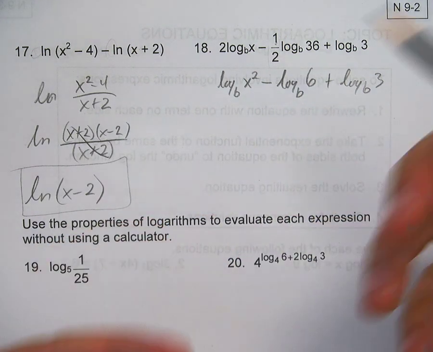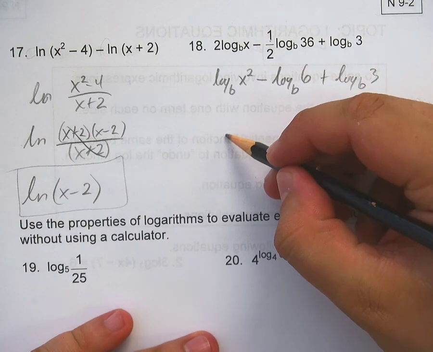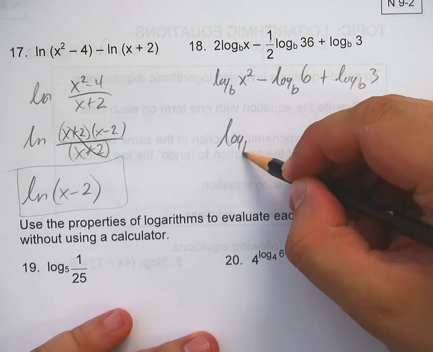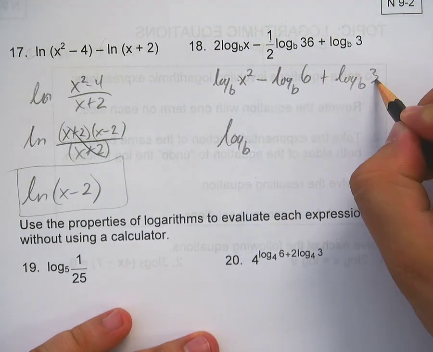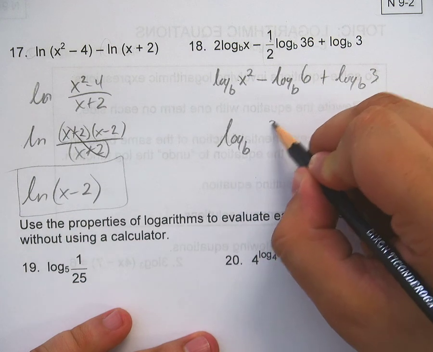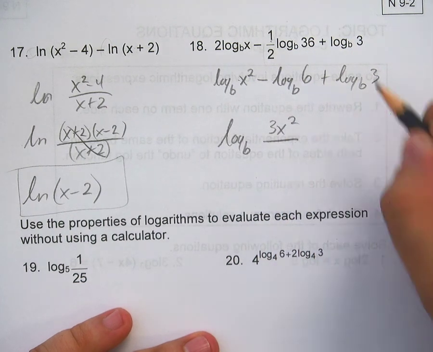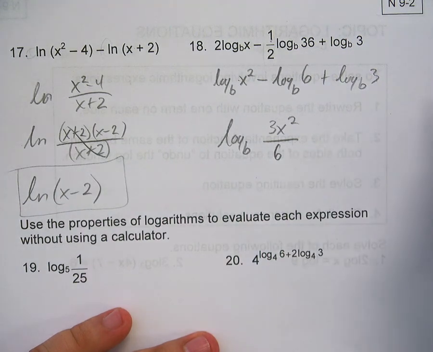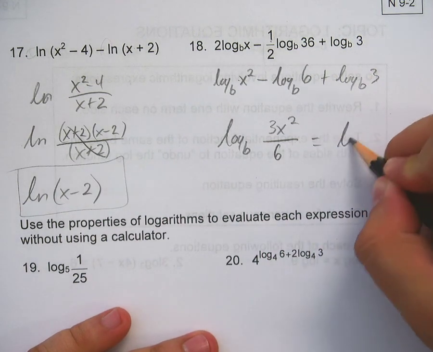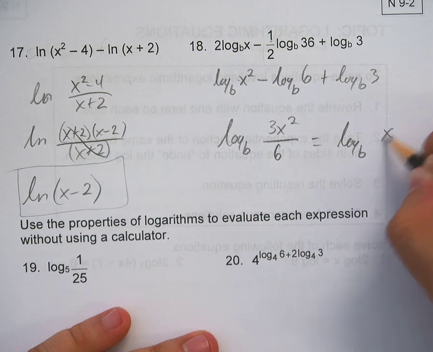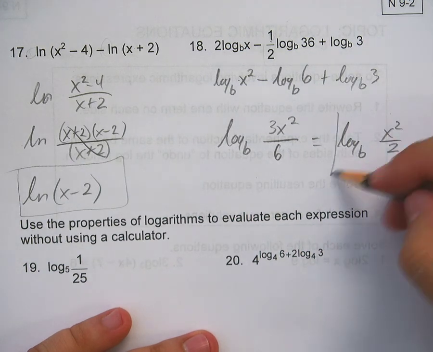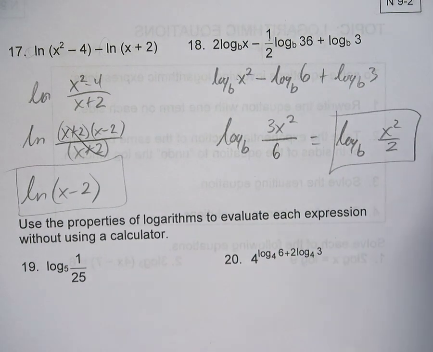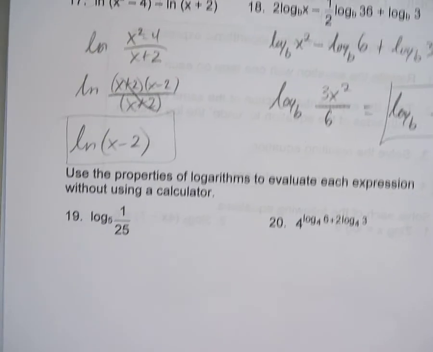Anything with a plus is in the top. So this is log base b of x squared times 3 over 6, which is log base b of x squared over 2. So not too bad. None too shabby.